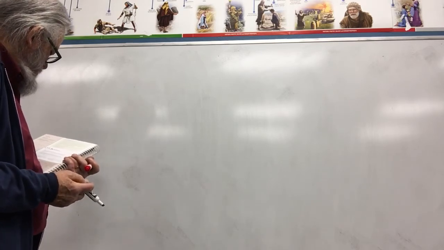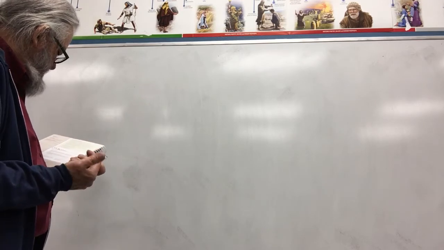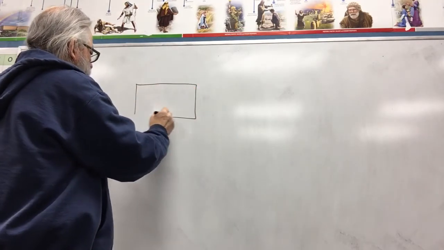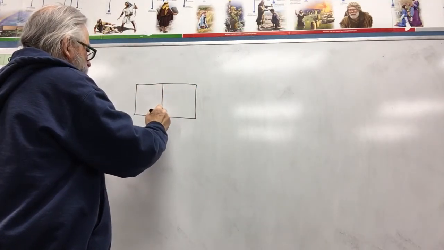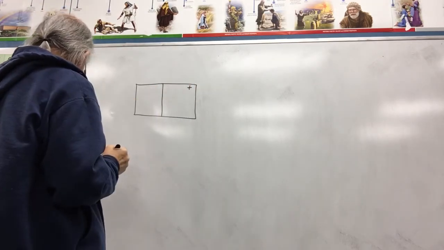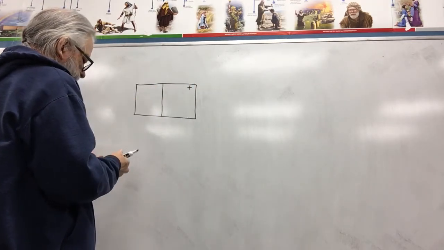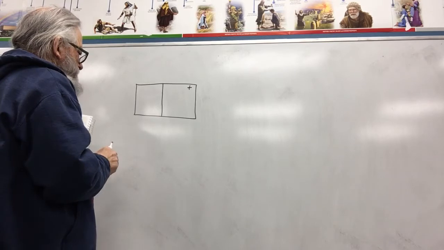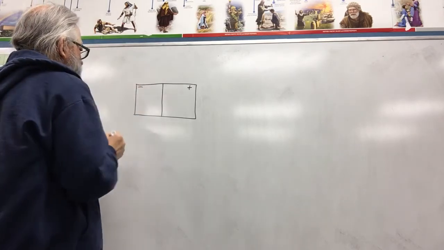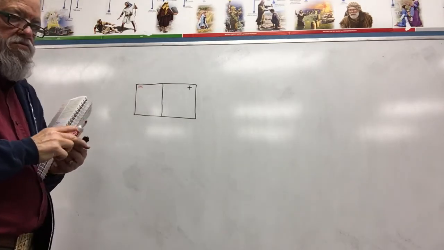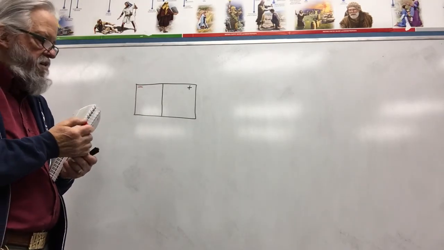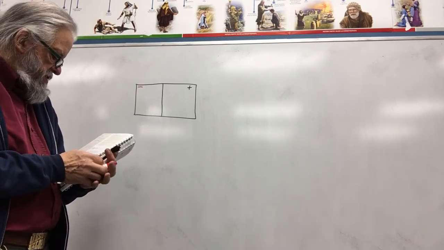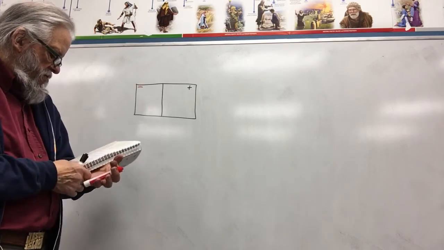They're using this kind of as a picture, and they've got a box divided into two pieces, and the box on the right is positives, and the box on the left is negatives. So they're using black to represent positives and red to represent negatives. All right?